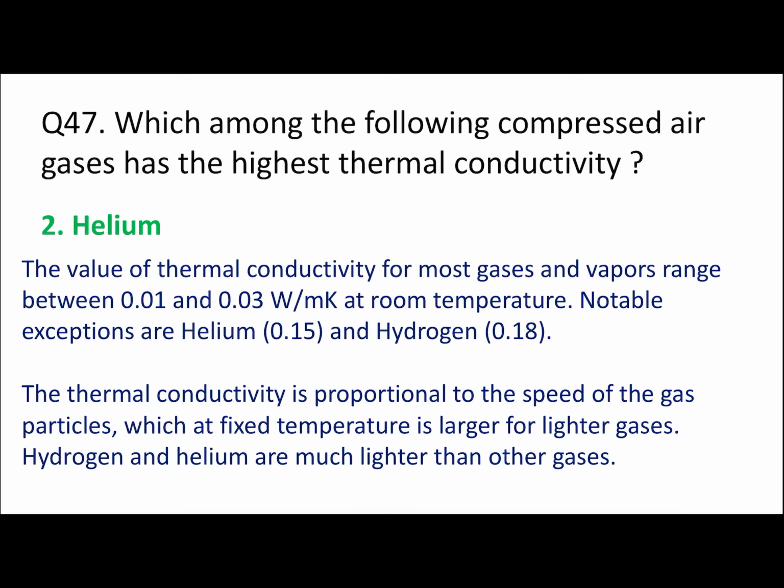The reason helium and hydrogen have high thermal conductivity is that thermal conductivity is proportional to the speed of the gas particles. If they are small, they can move much faster and will not have any hindrance. At fixed temperature the speed is larger for lighter gases, meaning the smaller particles have higher speed, and they conduct heat much better than the bigger gas molecules.